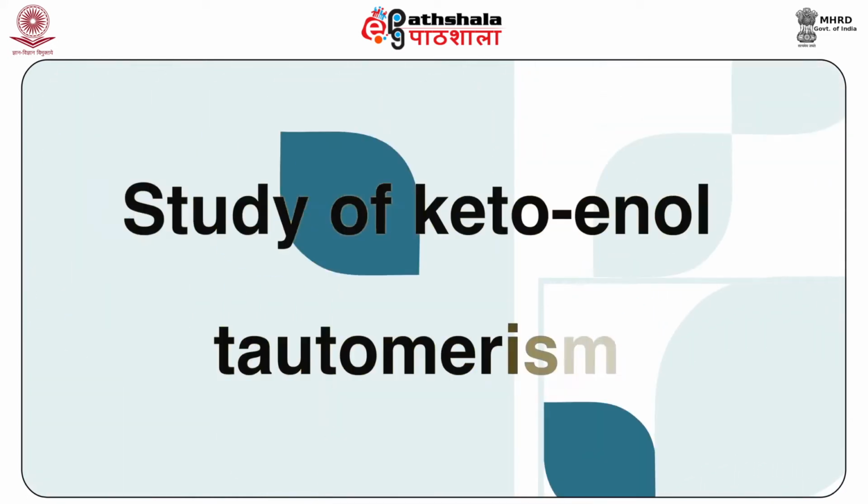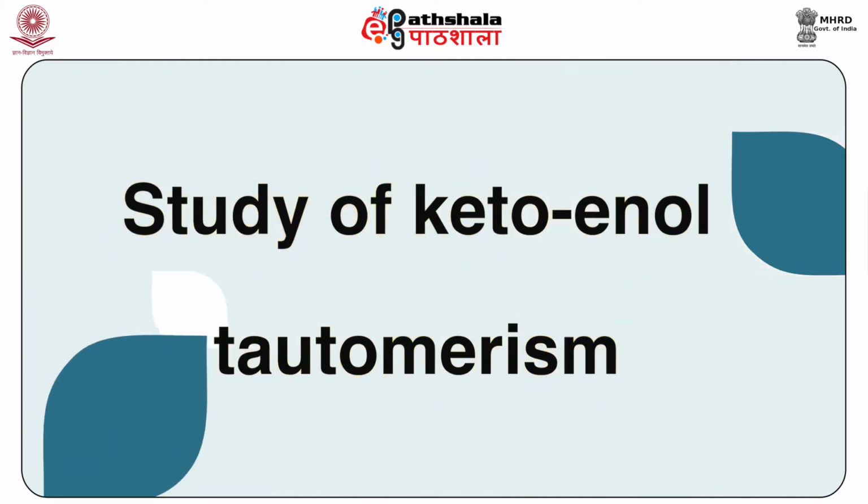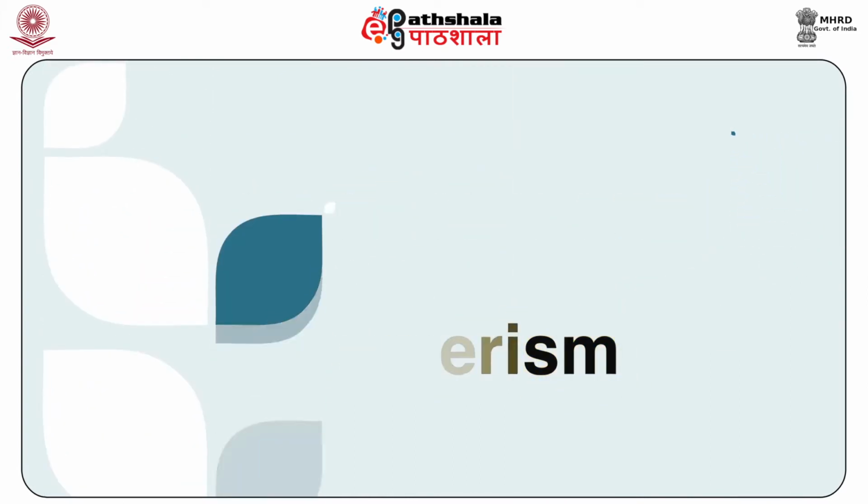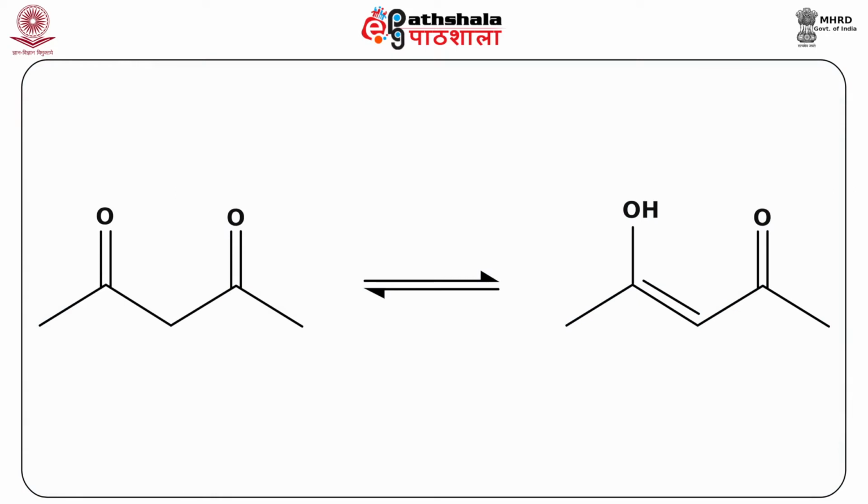Now let us move our discussion to the study of keto-enol tautomerism as an application of IR spectroscopy. IR spectroscopy is useful in determining keto-enol tautomerism. Beta diketones and beta ketoesters exist as tautomeric mixtures, and hence their IR spectra will show absorption due to both keto and enol forms.